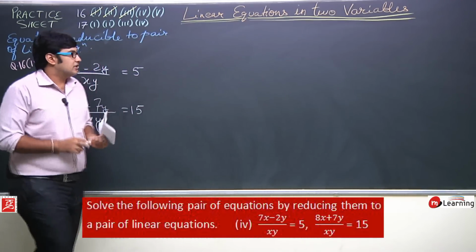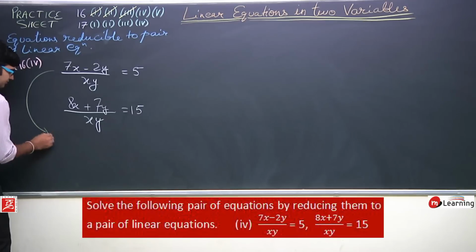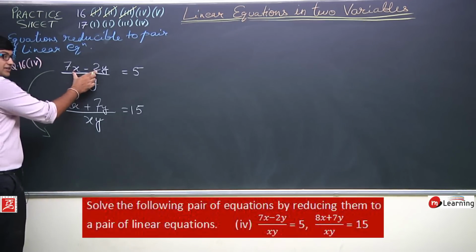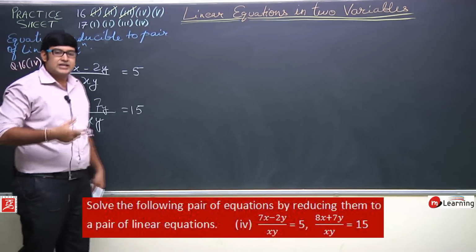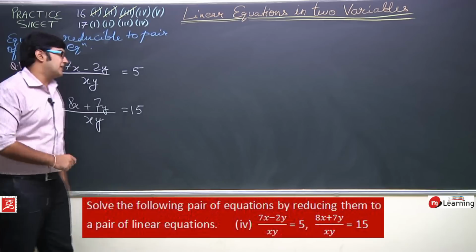And you will see that the first equation written, this one, in this equation I can separate these two terms. जो 7x minus 2y upon xy है, इसे मैं सेपरेट कर सकता हूं, इसे मैं स्प्लिट कर सकता हूं. कैसे स्प्लिट करेंगे?